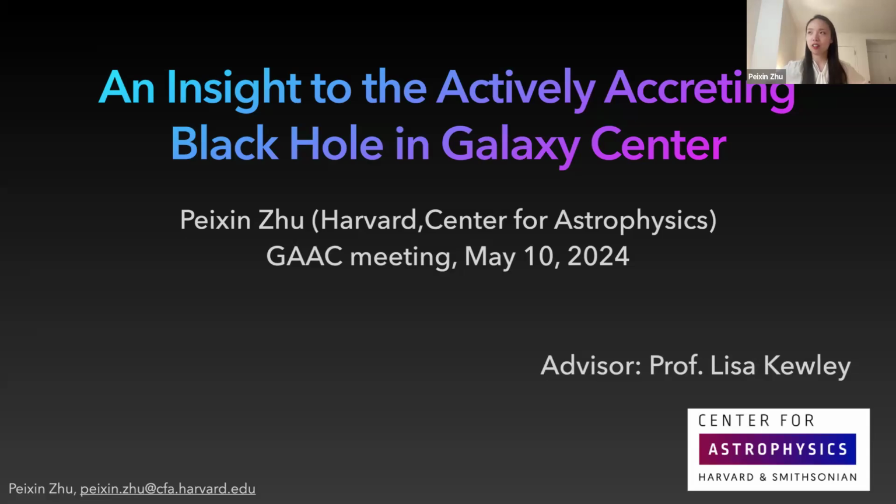But if you haven't heard, you can think of it as actively accreting black holes. So today I'm going to guide you through how astronomers study these events, what we learn from these studies, and what we can do better in this aspect.